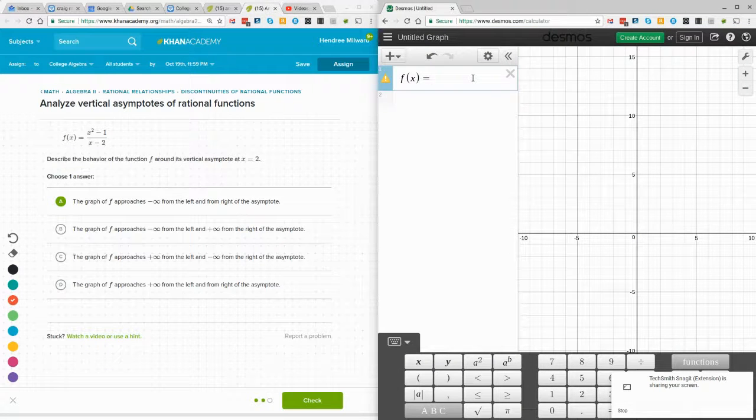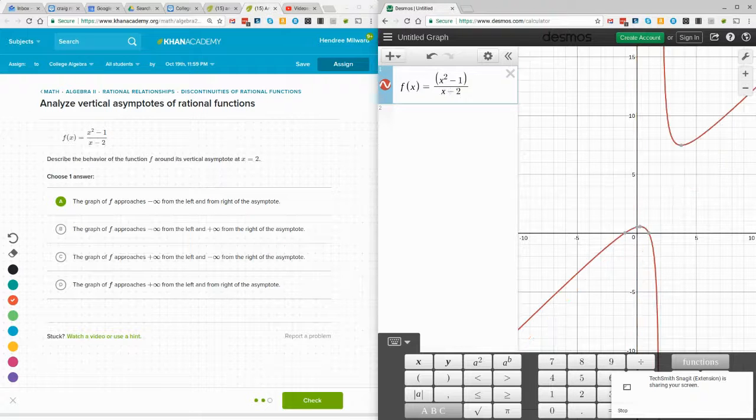It's x squared minus 1, divided by x minus 2.